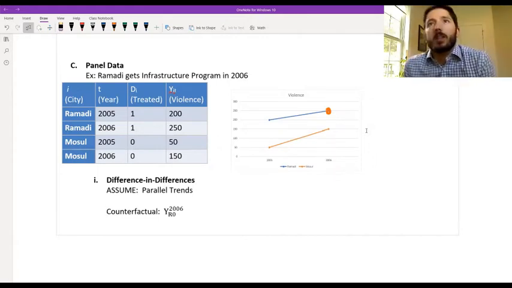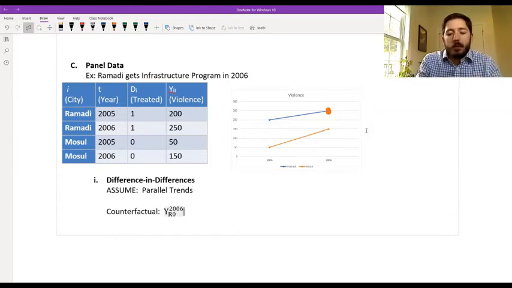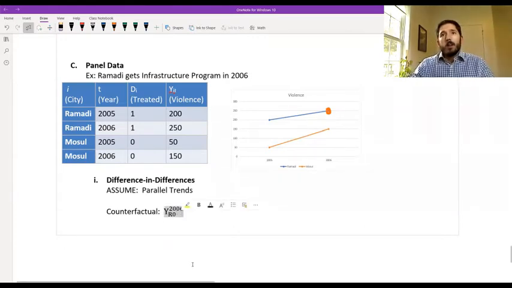Well, what it's doing for us is helping us build that counterfactual, right? Helping us get a guess at what's behind that door. So in our potential outcomes framework here, what we're after, another way of saying the counterfactual, is what would the violence have been in Ramadi if they didn't receive the treatment in 2006?